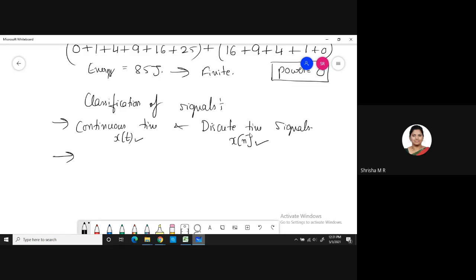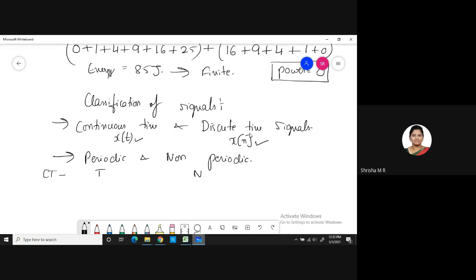Okay, next we have periodic, non-periodic signals. So we have found out the period for these. Okay, we have identified whether the signal is periodic or non-periodic. If it's periodic, we have found out the period. How did we find out the period? T for continuous and n for discrete.